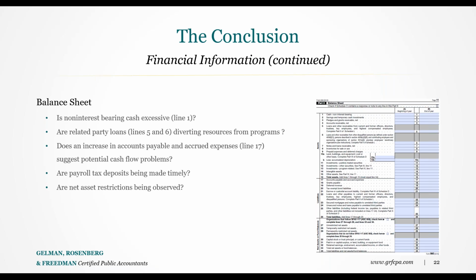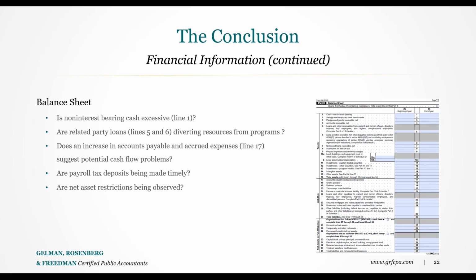There's now a requirement to have a liquidity and availability footnote disclosure, which is giving greater transparency. So these are some of those things that you can look at side by side with your audited financial statements, and really see the comparison and get the transparency out there that a lot of these charity watchdogs and donors are looking for.